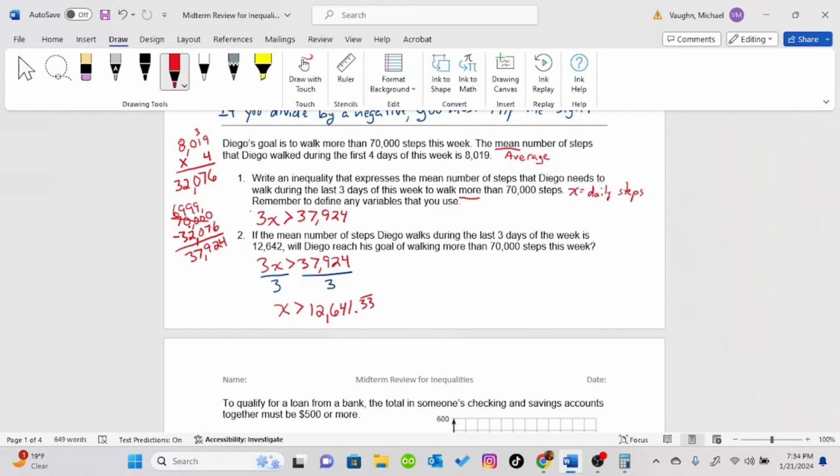So number 2, if the mean number of steps Diego walks is 12,642, will he reach his goal? The answer is yes, because 12,642 is greater than 12,641.33.